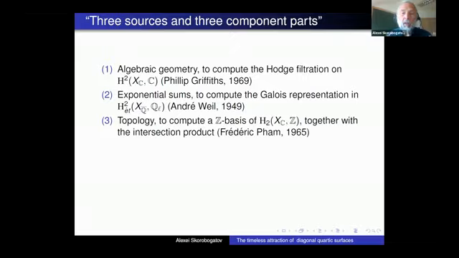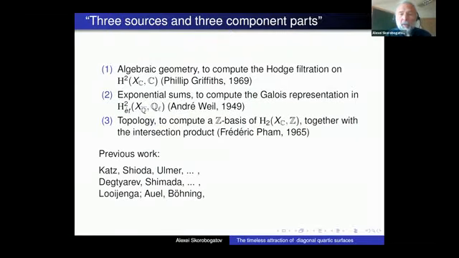So what he did in down-to-earth terms is to compute an integral basis of the middle homology group. This works for diagonal surfaces or hypersurfaces of any degree. And this basis comes equipped with an explicit description of the intersection product, which you have in the middle cohomology.